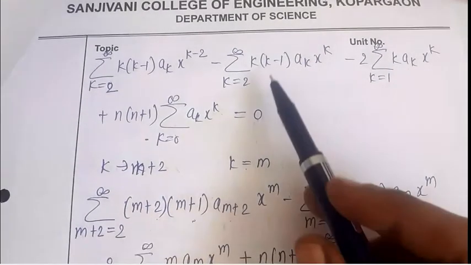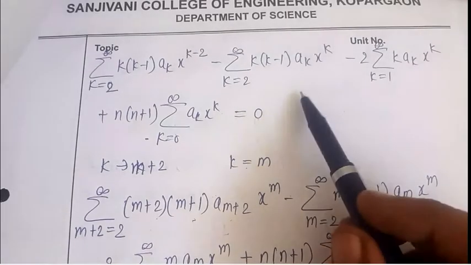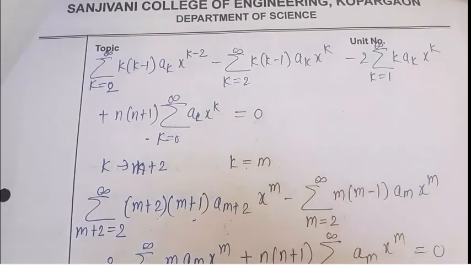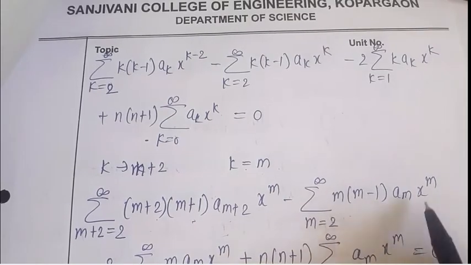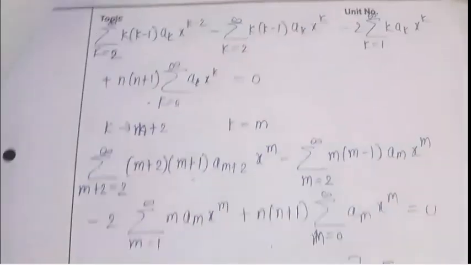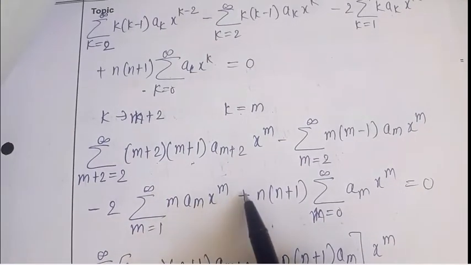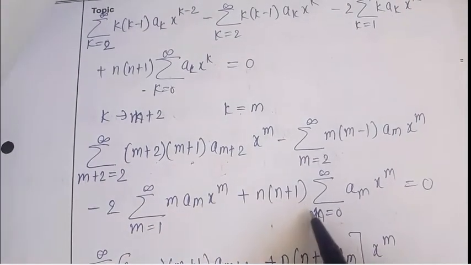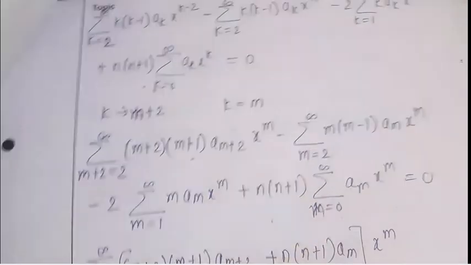We convert all these summations in terms of m by substituting k is equal to m. So summation m is equal to 0 to infinity m plus 2 into m plus 1 a m plus 2 x to the power m, minus 2 times summation m is equal to 1 to infinity m a m x to the power m, plus n into n plus 1 summation m is equal to 0 to infinity a m x to the power m equal to 0.